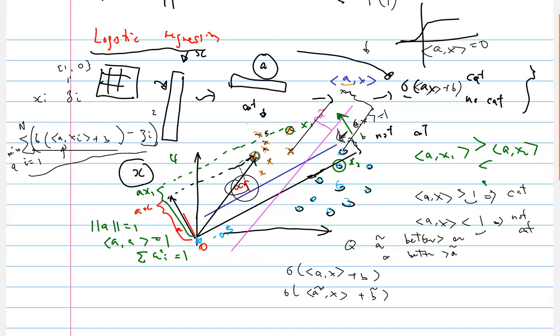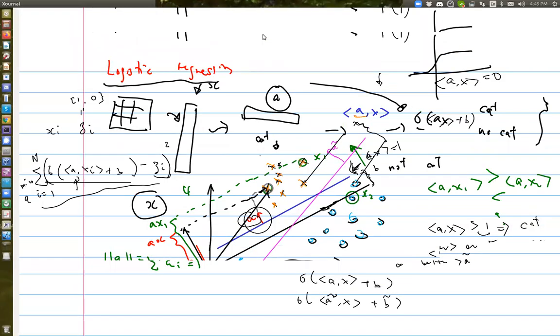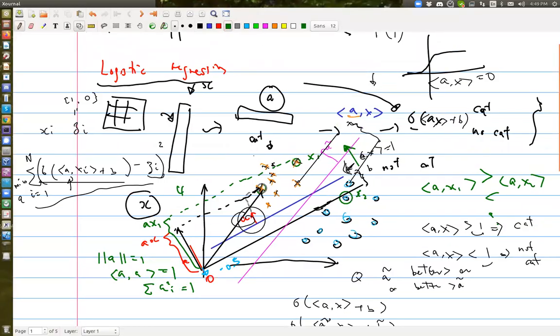But on the other hand, for A, my gap will be only that big.